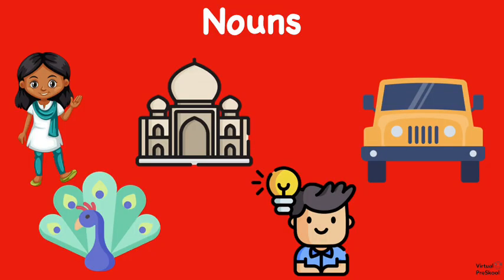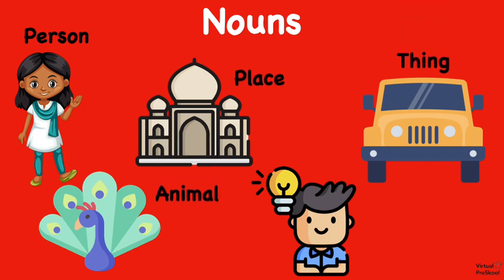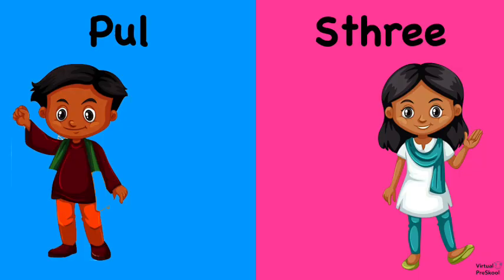Well, to understand that, we have to understand nouns in Hindi. What's a noun? A noun is a person, place, thing, animal, or idea. There are nouns all around us. And in Hindi, remember, every single noun falls into one of these categories.